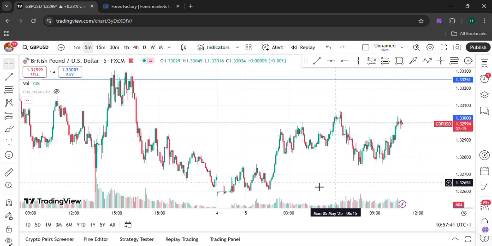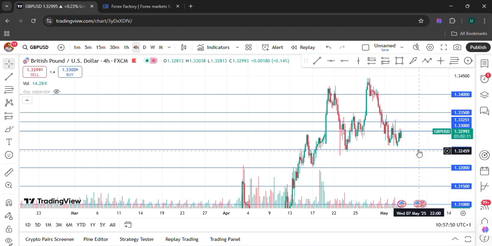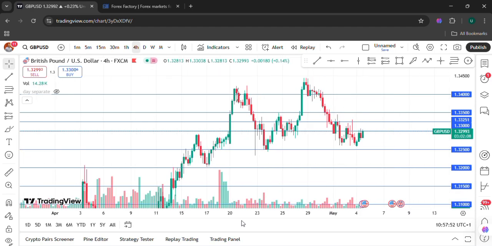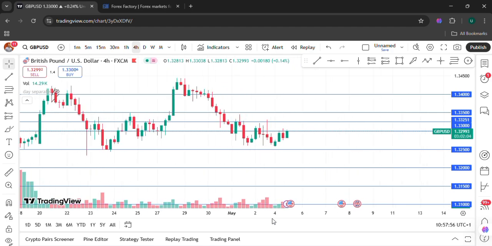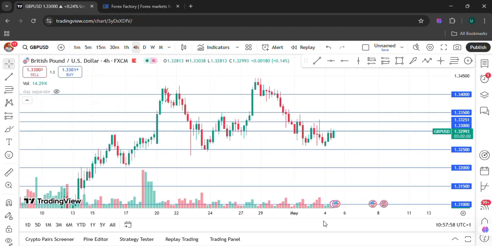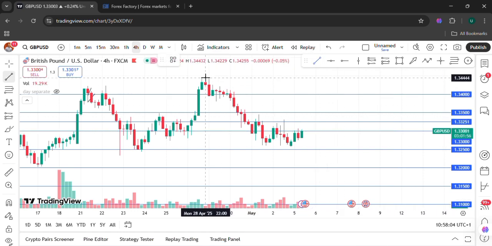So let's go to GBP in TradingView and analyze. Let's do a 4 hour time frame and know exactly whether we are in an uptrend or downtrend. You can see that move. Alright, let's draw a trend line.